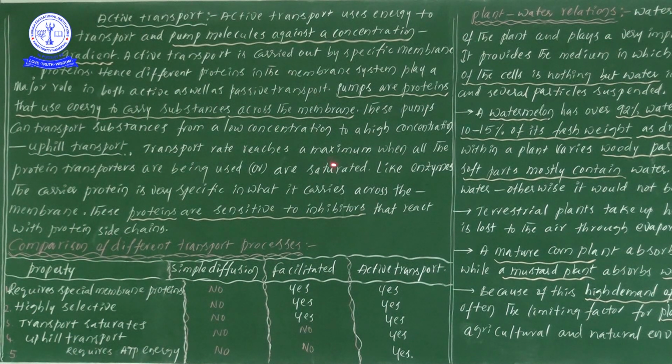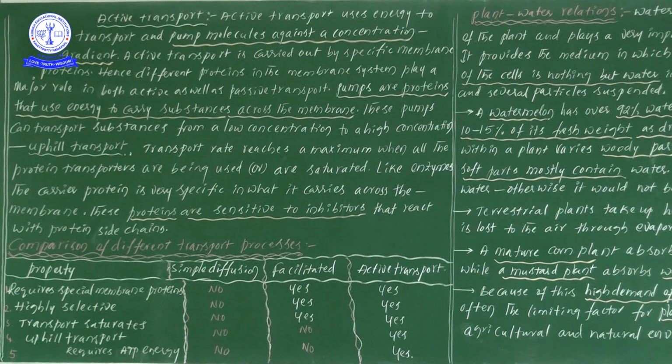We cannot say that the process of transport reaches maximum. Suppose 10 out of 10 proteins on the membrane are involved in the transport. At that time we can say the transport rate reaches maximum. Take a small example to understand well. If out of 10 only 5 are involved in transport, at that time also we should not say the transport rate reaches maximum.